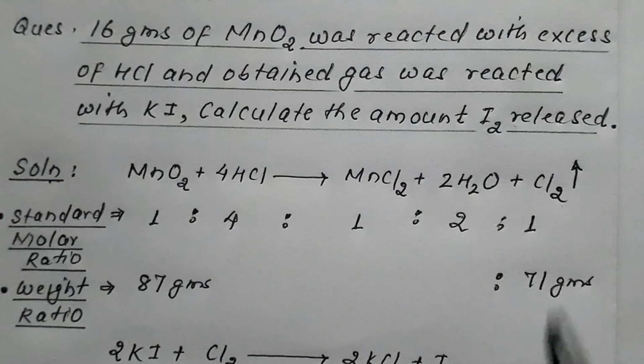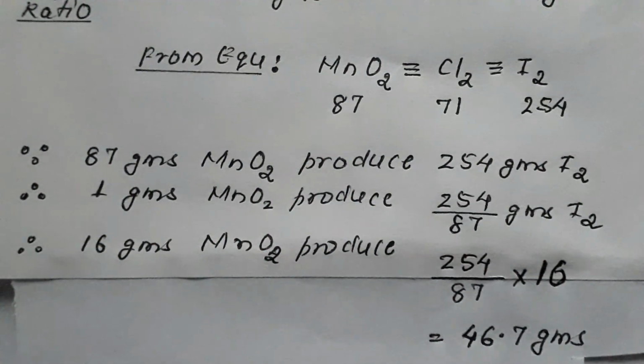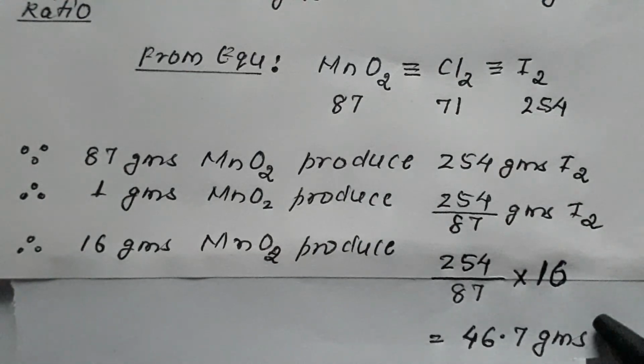As per our calculation, it is 46.7 grams. So 16 grams of MnO2 have produced 46.7 grams of iodine. This is the answer, 46.7 grams.